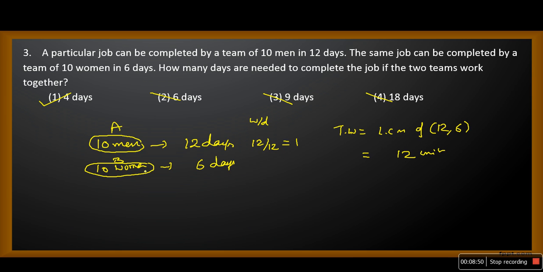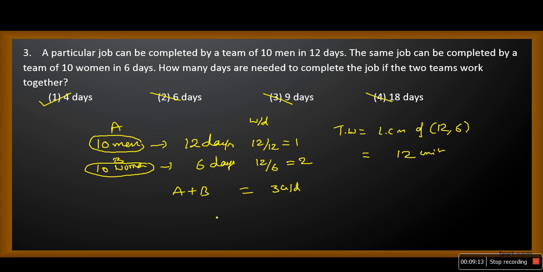If B takes 6 days to do 12 units, in 1 day they will do 2 units per day. Now A and B together will do 3 units per day.